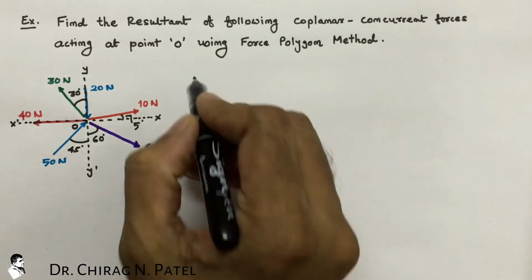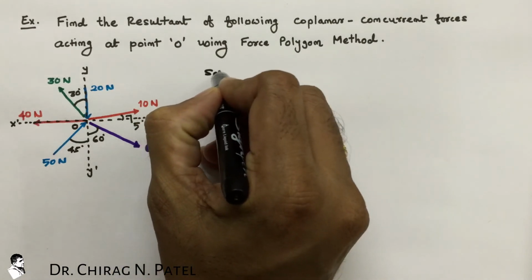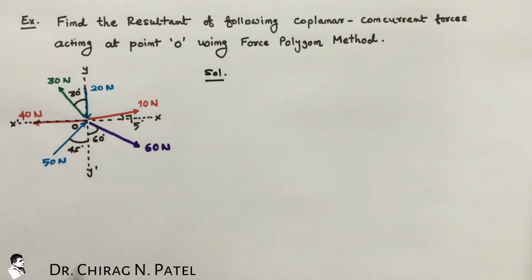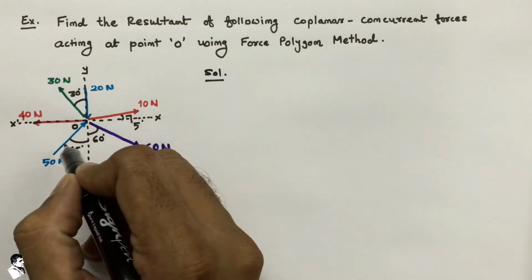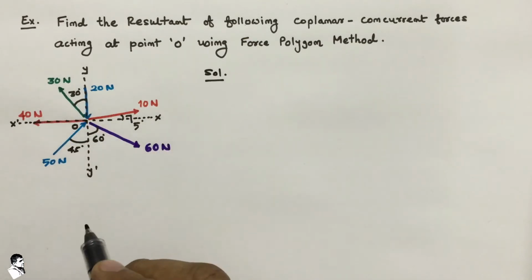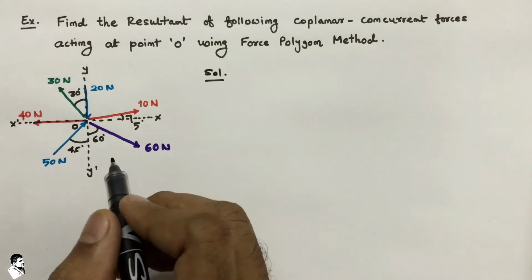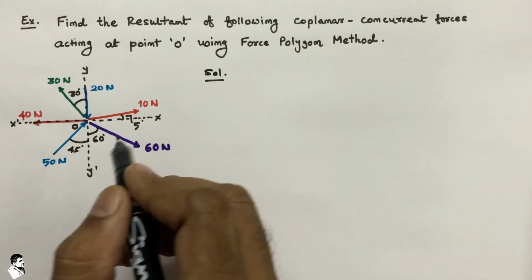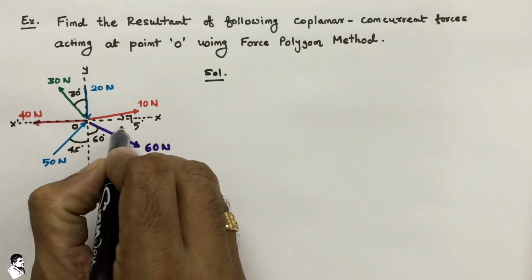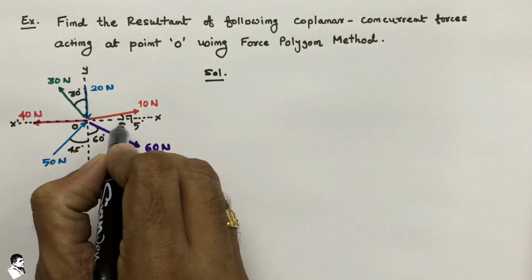For the solution of this example, we start by applying Bow's notation in the clockwise direction to the space between two consecutive forces. Between the forces we have to write a small letter, which is generally known as Bow's notation.